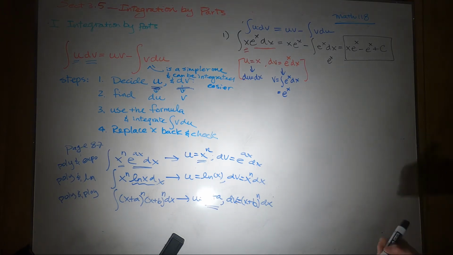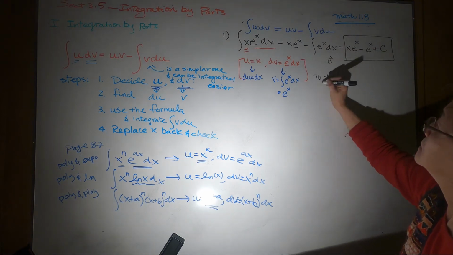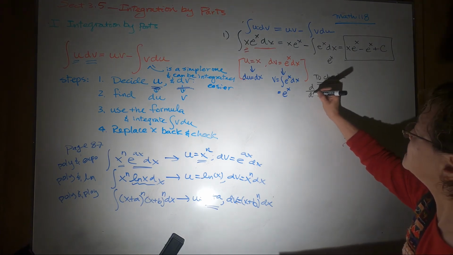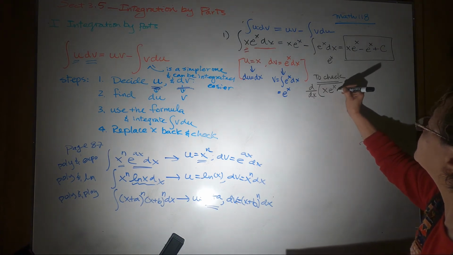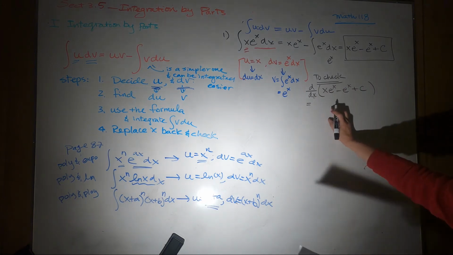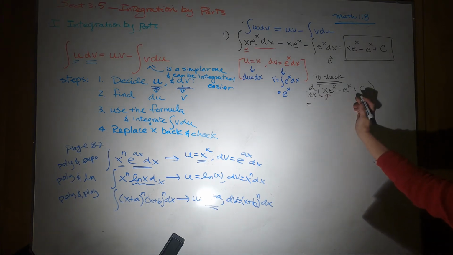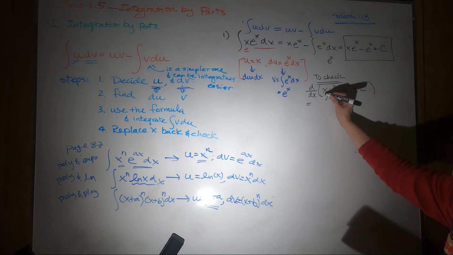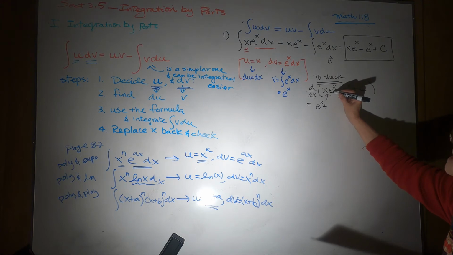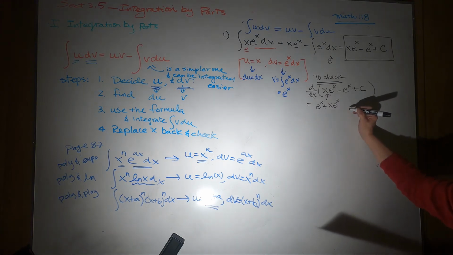Okay? Then check. How do you check? Then you take a derivative of this, right? You will do d dx, take a derivative of this, then see what you have. Okay? Then you take a derivative of this by the product rule. So the derivative of x is 1, so that will be 1 times e to the x, plus the derivative of this, still the same, multiplied by x, will be x e to the x, right?